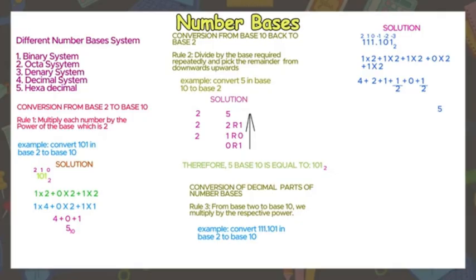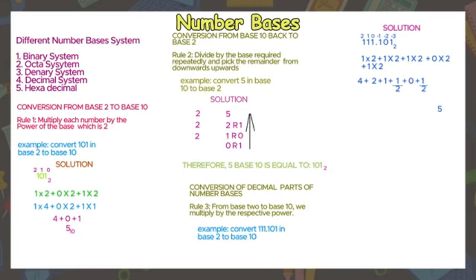101.101 base 2. Now we are going to label. You start from the whole part before the decimal point: 0, 1, 2. Then after the point you start with -1, -2, -3. And what are we going to have now?